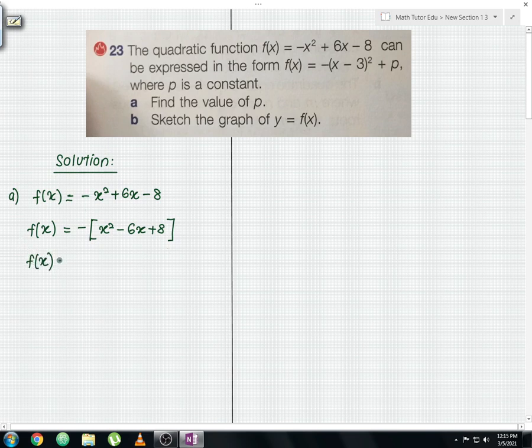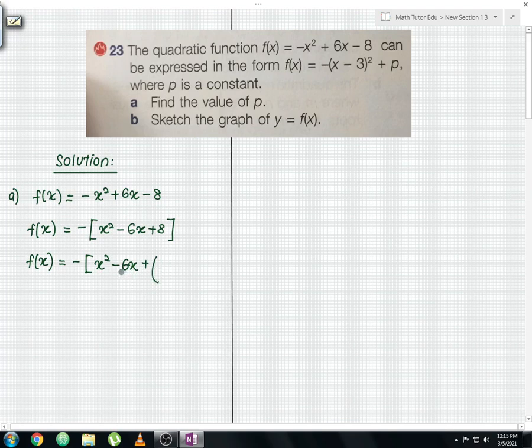In this step, we're going to perform the completing the square method. So from here, negative in a bracket, x squared minus 6x. In order to complete the square, we're going to use the coefficient of b, divide it by 2 and square it. So plus the coefficient of b over 2, squared.